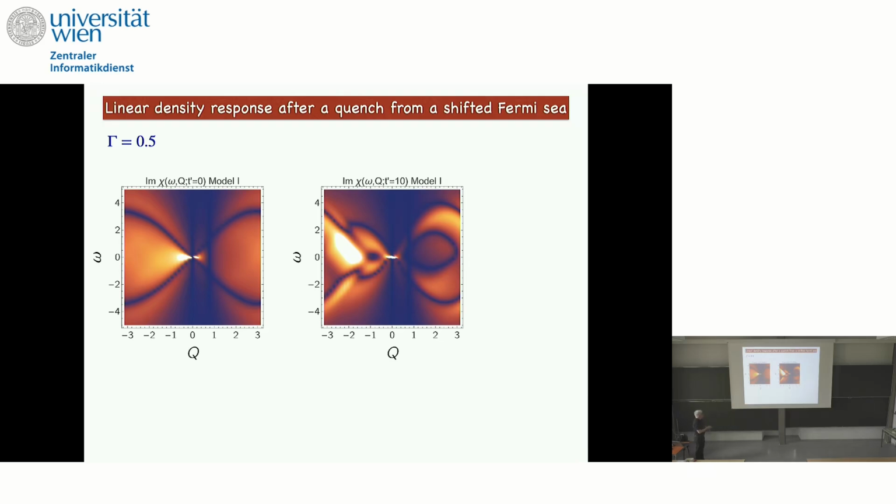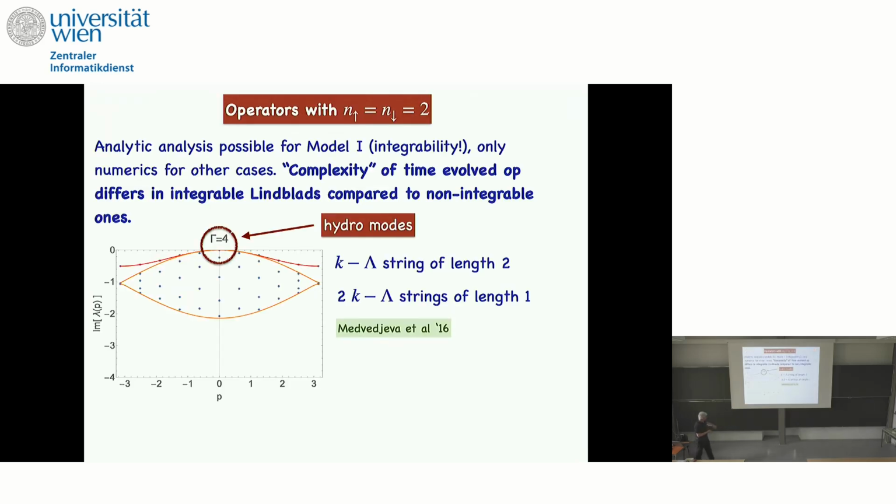Anyway, the last thing I want to say before I finish is, I focused on the simplest operators, like density operators, quadratic in fermions, where you can do everything in its full glory. Well, of course, we have also looked at operators which are quartic in fermions, so this would be relevant if you want to compute a two-point function involving 8 fermion operators.